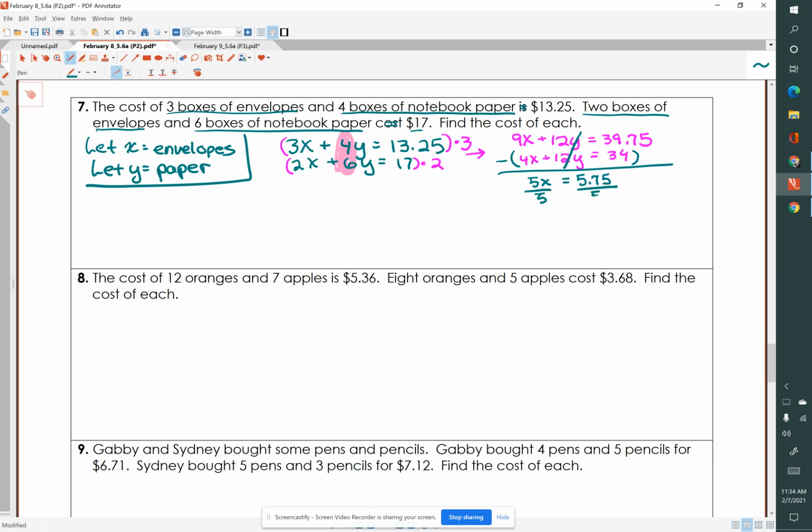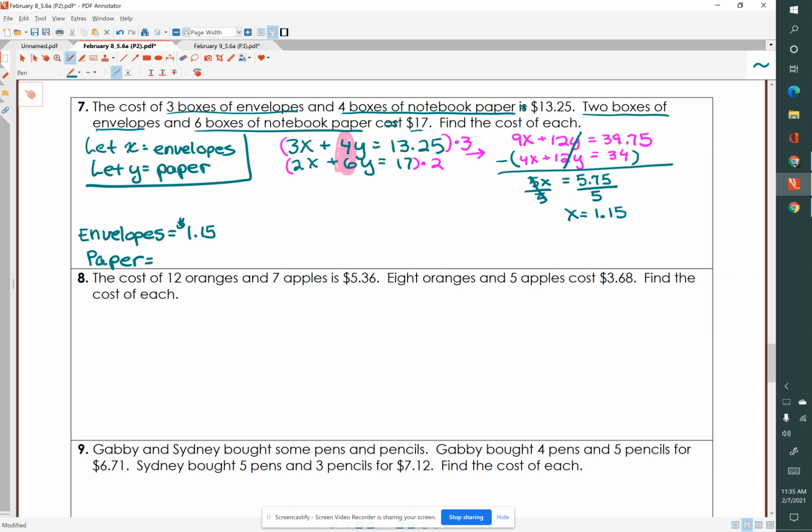Be mindful that there is a decimal there, and x will equal $1.15. Now, that's the envelopes. The envelopes are $1.15. So I'm going to go ahead and write that down. Remember, give them what they ask for. Now I've got to figure out how much the paper costs.